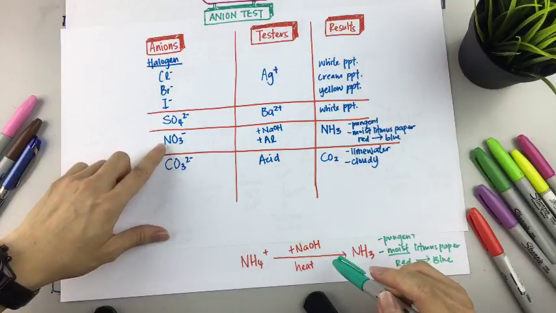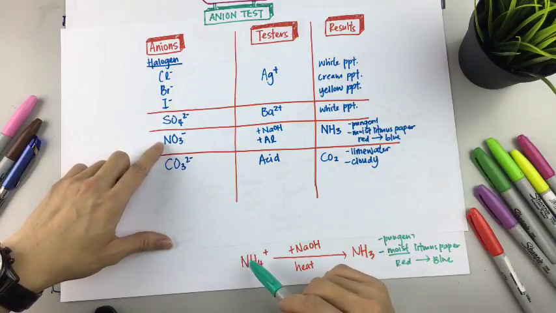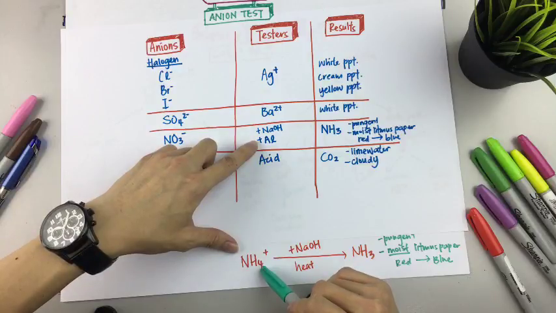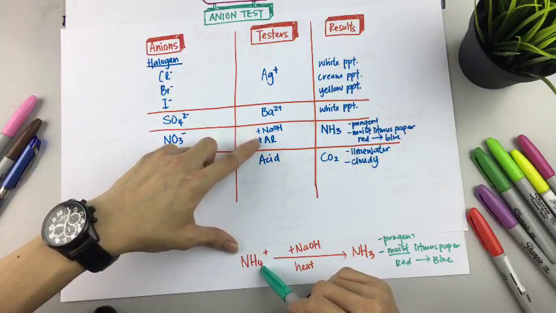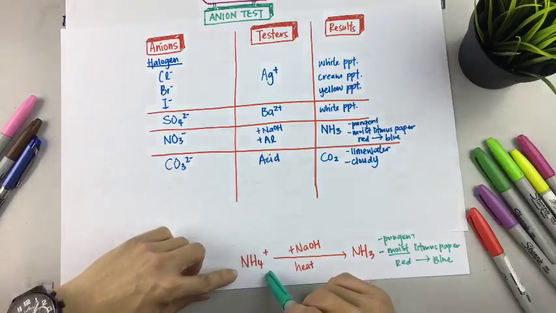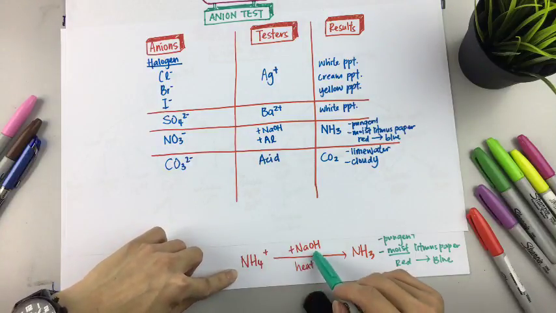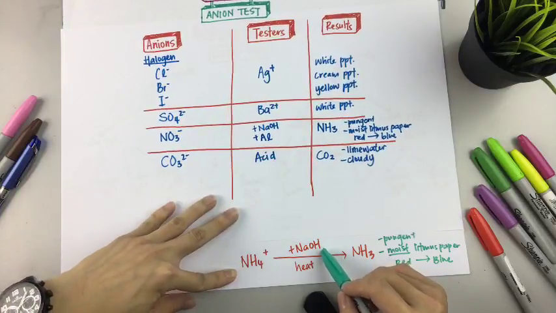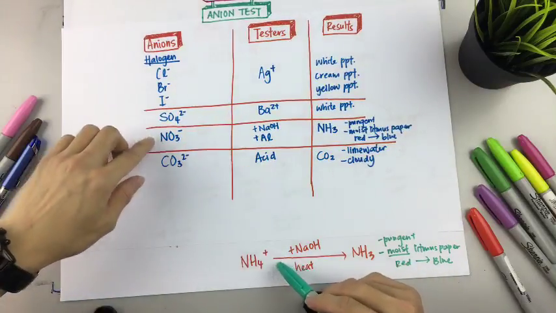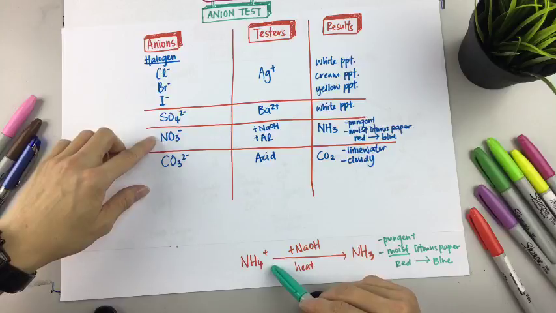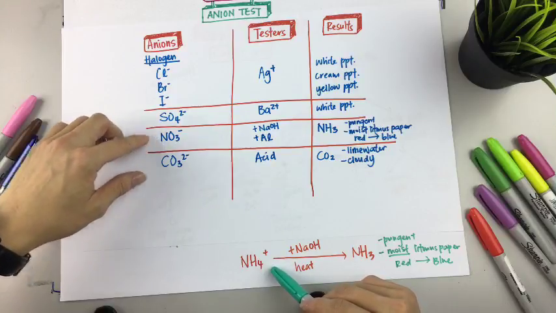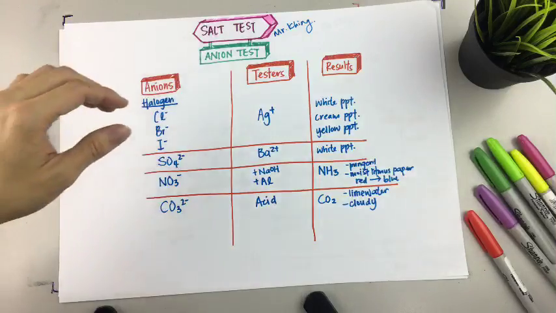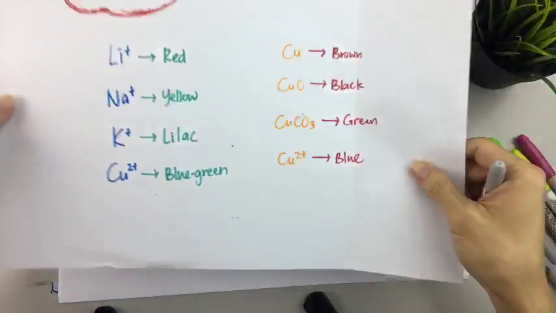The main difference is that for nitrate ions, the addition of sodium hydroxide comes with aluminium, but for ammonium ions, it is just by adding sodium hydroxide only. Remember, this is the difference between nitrate ions and ammonium ions. Take notes. Alright, next, moving to flame test.